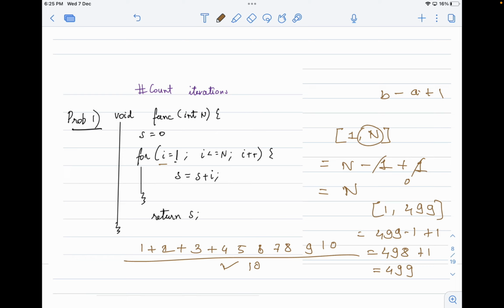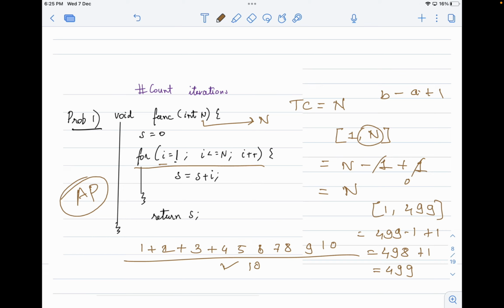Your n. Whatever input size comes to this function or algorithm, that number will be n, and the time complexity of that is nothing but n. Is that simple?